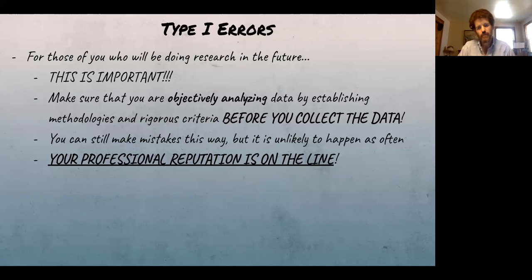But then maybe a good second step after that, and you decide this at the beginning of your research, you say, you know what, I got a statistically significant result, and what I'm going to do is go and get a new random sample, and I'm going to run the test a second time. Because if it was just a random chance that you picked a certain group of people that gave you a statistically significant result, then the second time you do it, you shouldn't get that happen again.